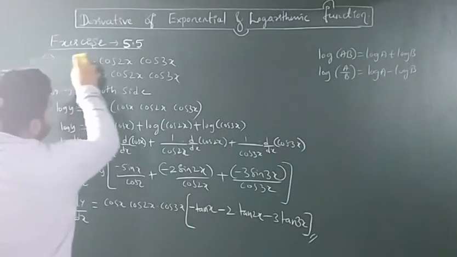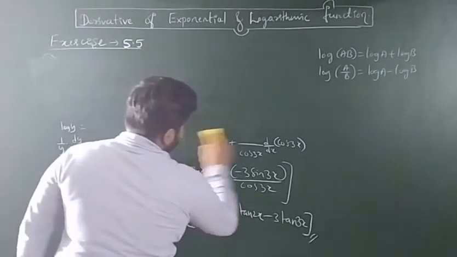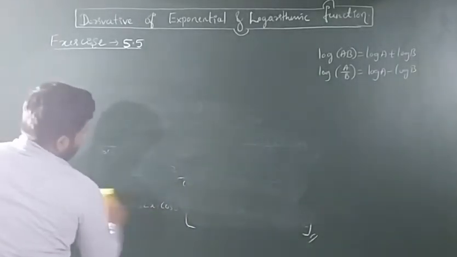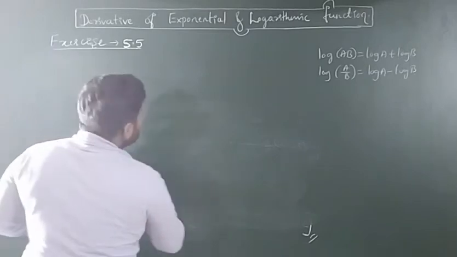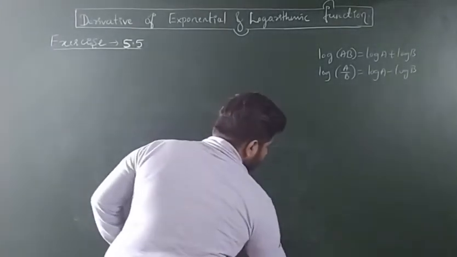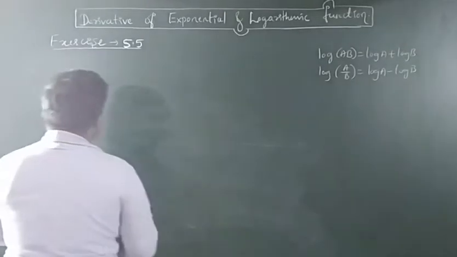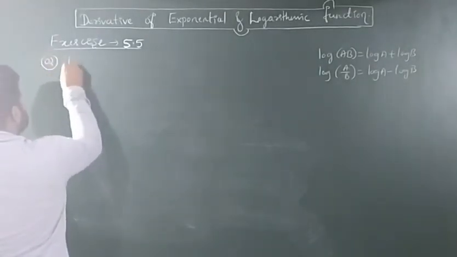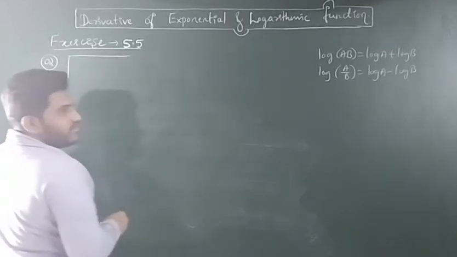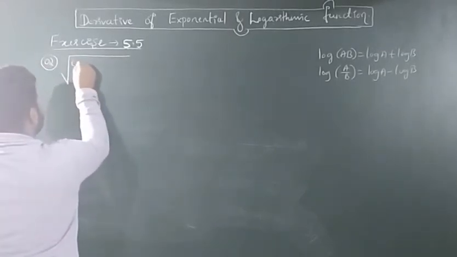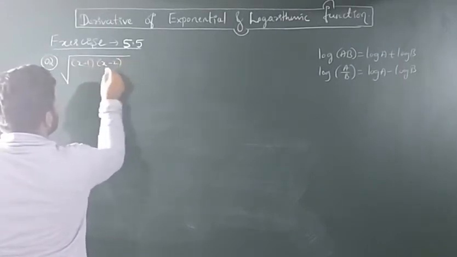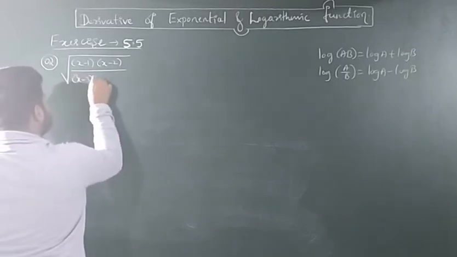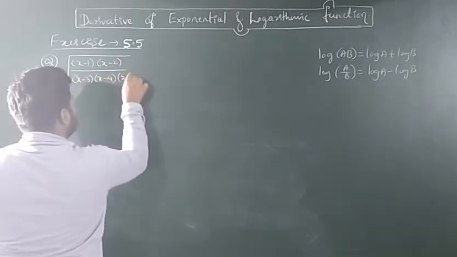question number 2. Given the square root of x minus 1, x minus 2 divided by x minus 3, x minus 4 and x minus 5.